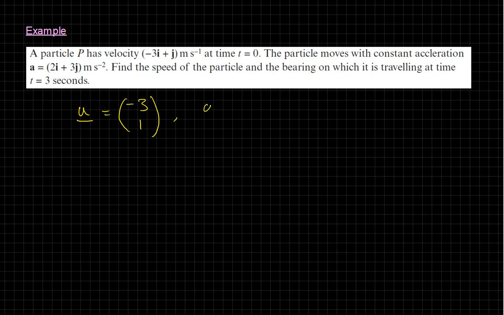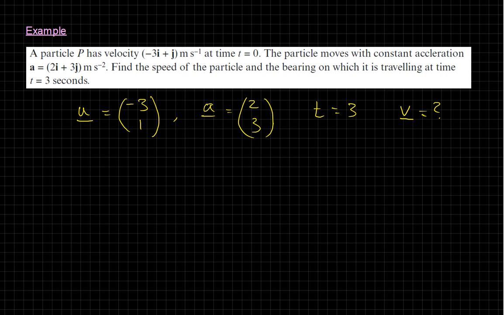So that's easy peasy. a is equal to 2, 3. Find the speed of the particle and the bearing on which it is travelling at time t equals 3 seconds. Okay, so at time t equals 3, I now want to know what is v, the vector.